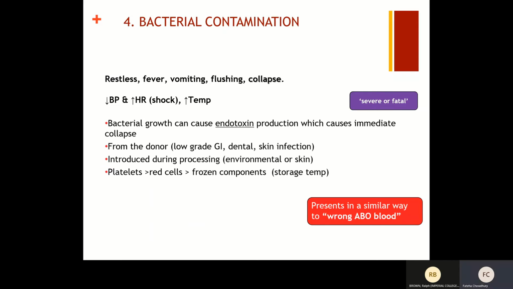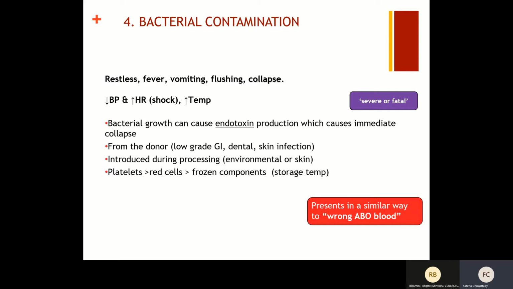Another reaction, bacterial contamination, can present with similar symptoms of shock, and it can be severe, but it is more common with platelets than it is with red cells. It's due to bacterial growth causing endotoxin production, which causes an immediate collapse.